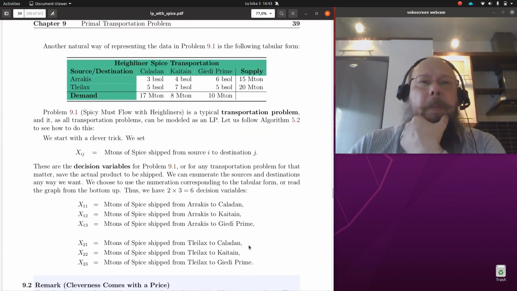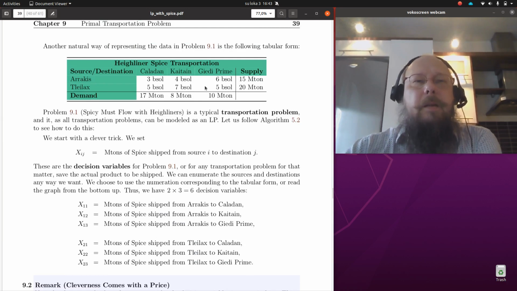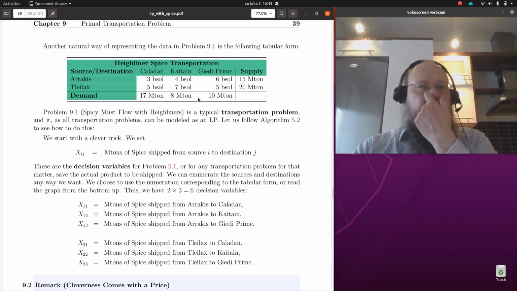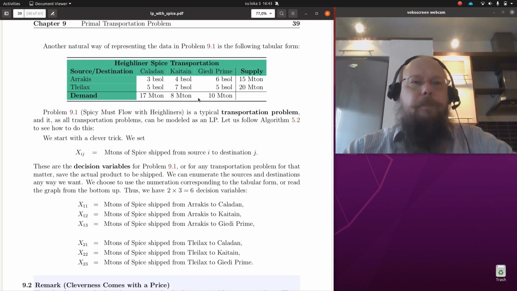This was the costs, so the objective function capital C defines that, and the constraints are here: supply and here demand. That's the rest of the data, we should use it somewhere, so maybe it's the constraints that we use.